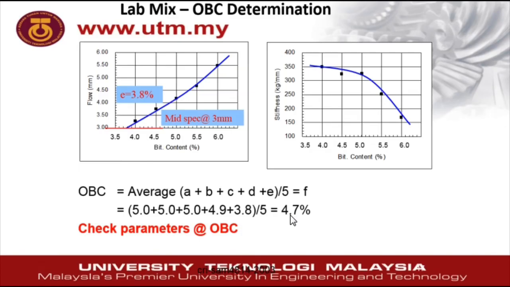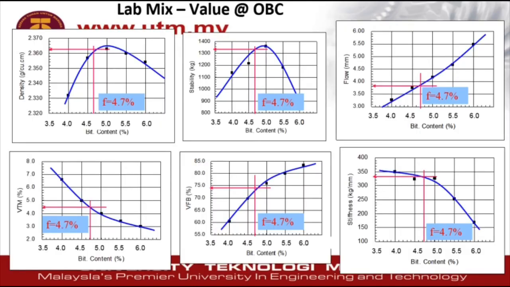What we need to do next is to check whether this OBC value of 4.7% complies with the standard specification. Again, we have to refer to the plotted graphs. Using the OBC value of 4.7 obtained from this example, let's determine the density value and then the stability, VTM, VFB, flow value, and also the stiffness value.